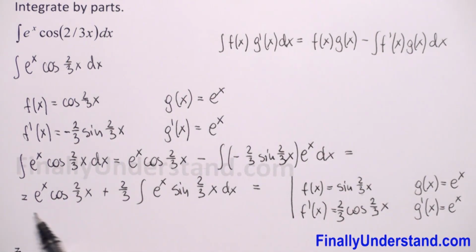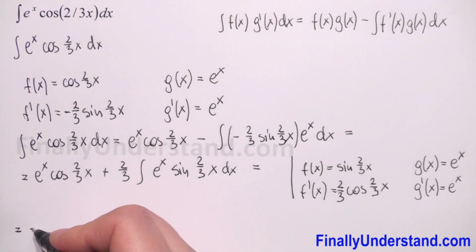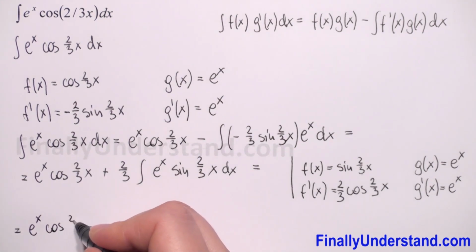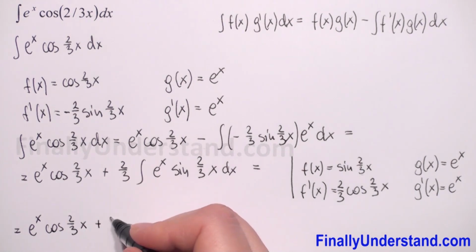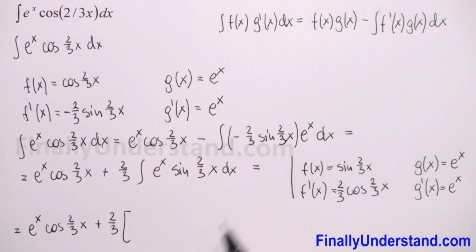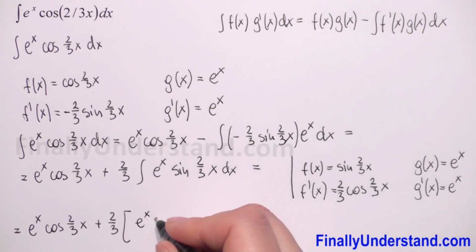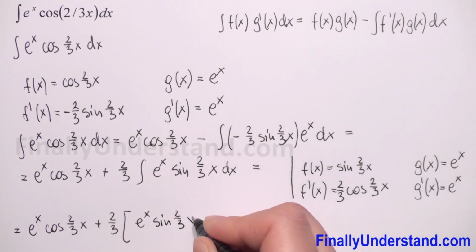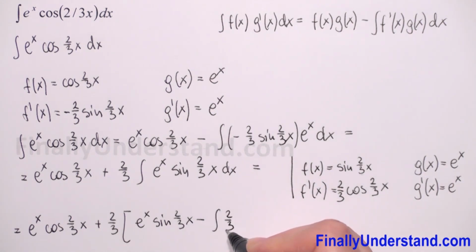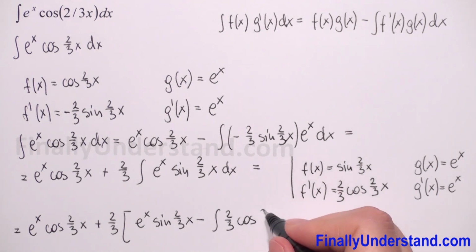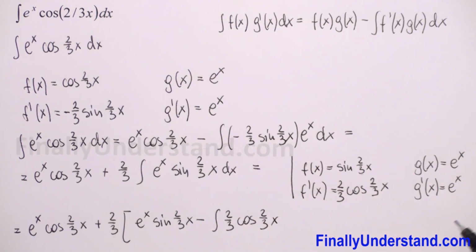The beginning we have to copy, so we have e to power x cosine of 2/3x plus 2/3, and now in brackets we will put first f times g. So I will put e to power x first. Next we have sine of 2/3x minus, and we have integral of f prime, which is 2/3 cosine of 2/3x, times g. G is e to power x, with respect to x.